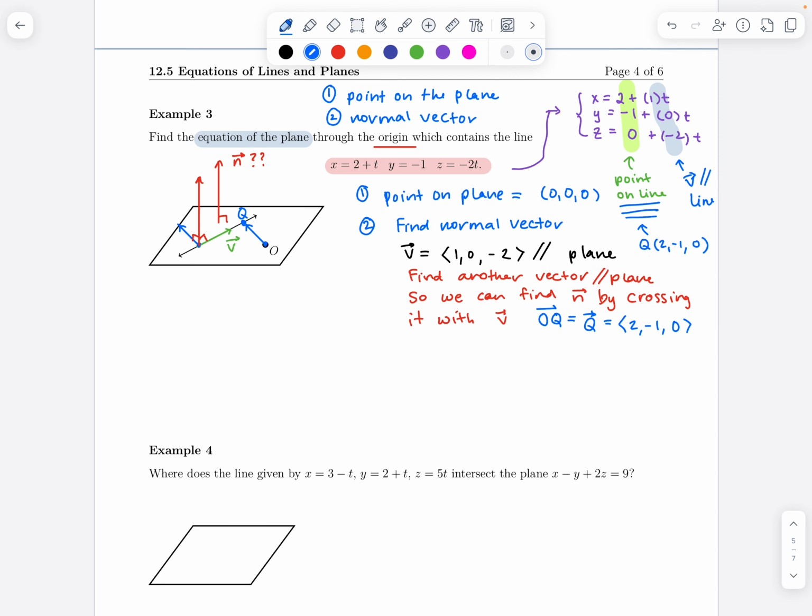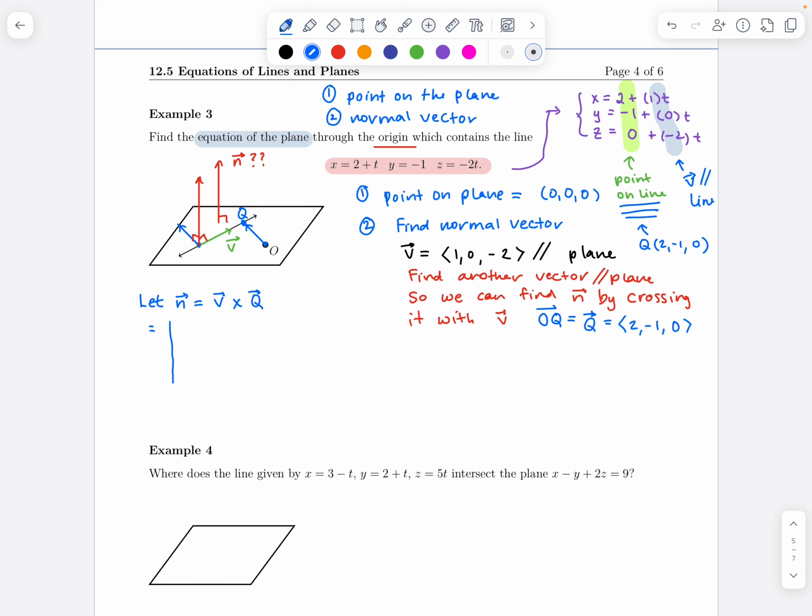So remember what we said we were going to do. We are going to let n, our normal vector, be the cross product of our vector v that came from the line, and the vector q, which came from connecting the origin to a point on the line.